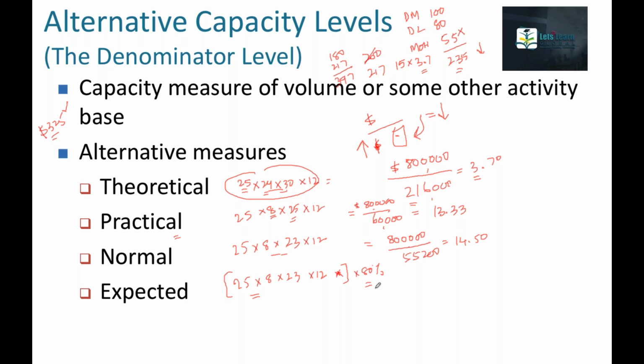Remember, what about this 800,000 and 55,200, from which we are expecting only 80% occupancy. 80% of 55,200 is 44,160. The rate will increase now. 800,000 divided by 44,160 will give you $18.